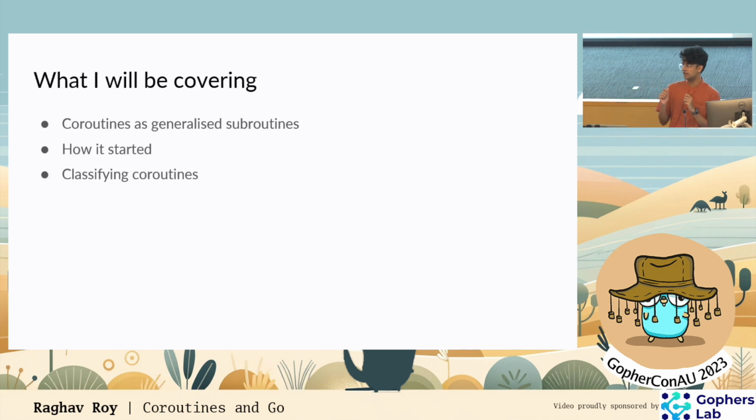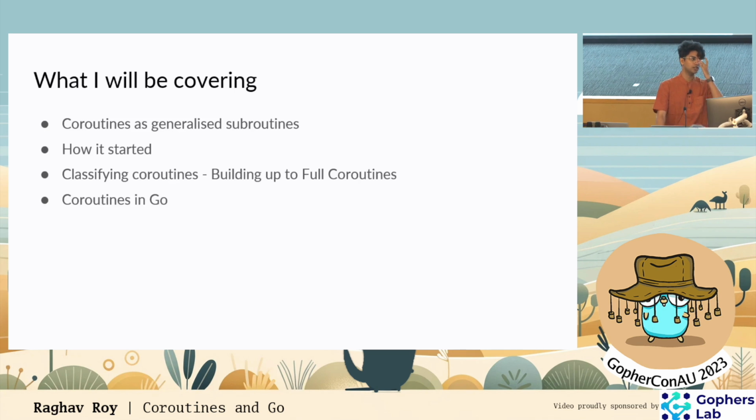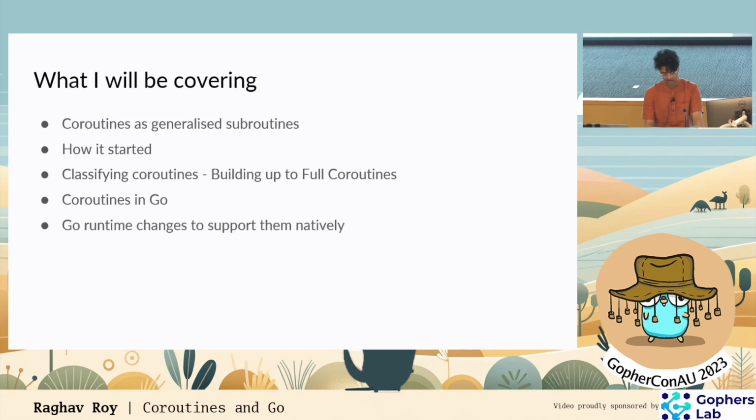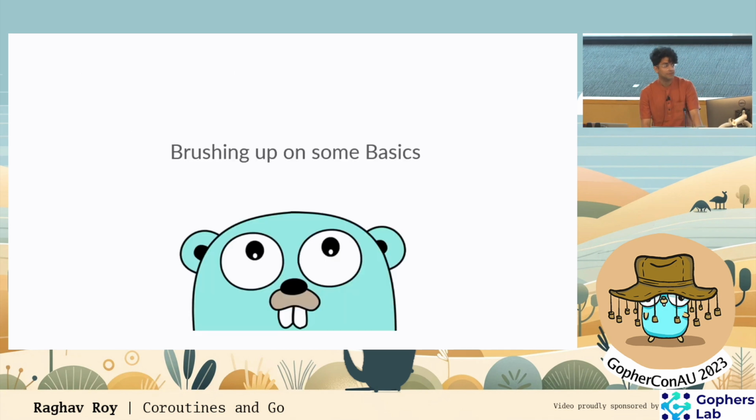We'll try to classify coroutines, and we'll try to build up to what a full coroutine means and why we are interested in that. Of course, we cover coroutines in Go, how we can implement coroutines in Go using existing definitions, and also some Go runtime changes to support them natively. So yeah, let's start up with some basics.